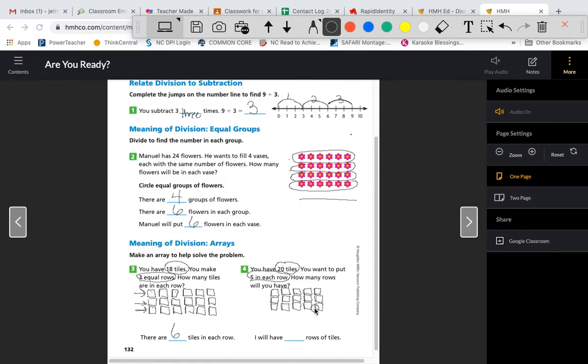We're getting to 20. 16, 17, 18, 19, and 20. So I will have how many rows? 1, 2, 3, and 4. So we will have 4 rows of tiles. So again, we're using arrays. This is where we can show that relationship between multiplication and division.